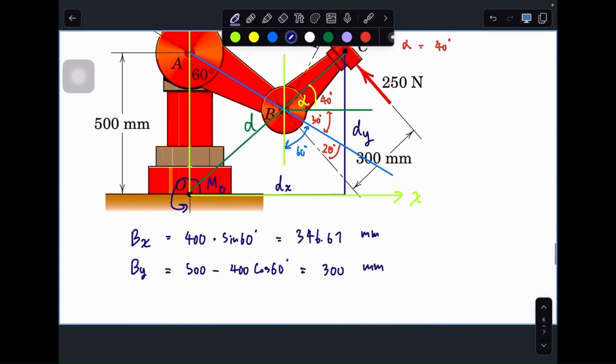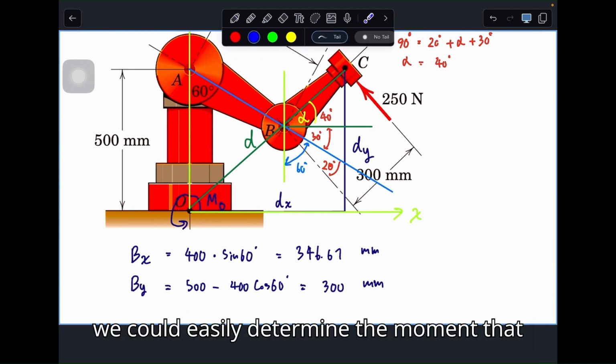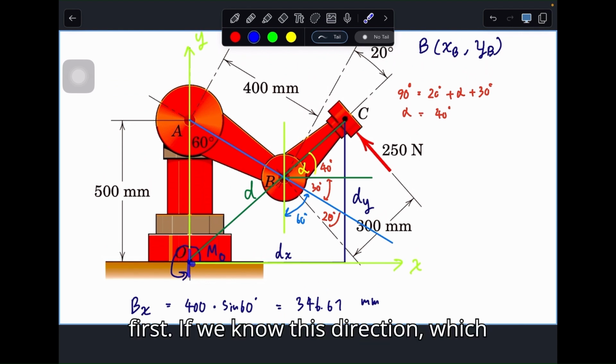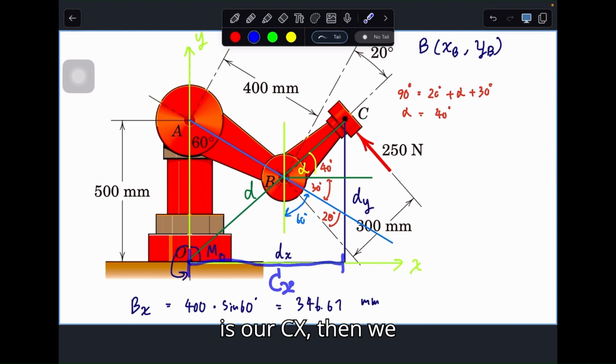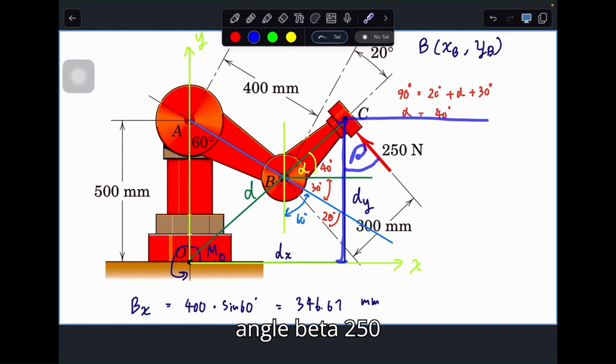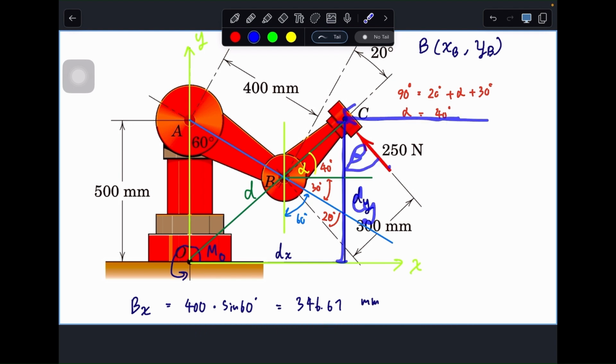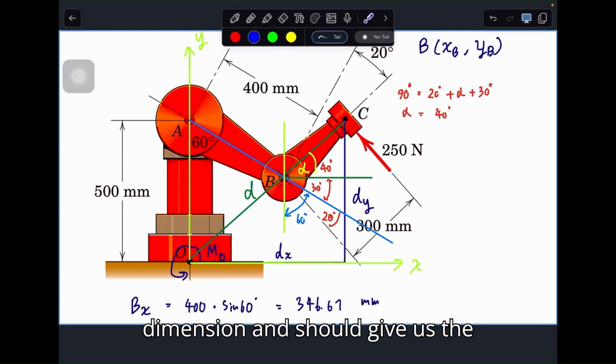Once we know those two, we can easily determine the moment influenced by this force. First, the horizontal direction is our cx, and we multiply by 250 times cos beta. In the same sense, for the vertical axis with the same angle beta, 250 times sine beta times the cy dimension, and that should give us the total moment.